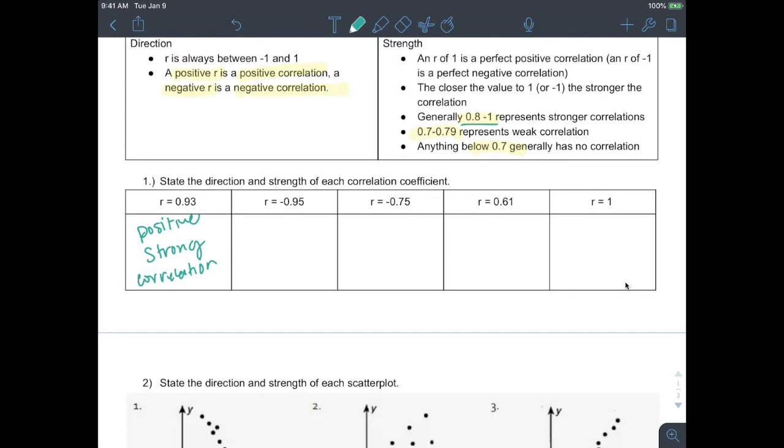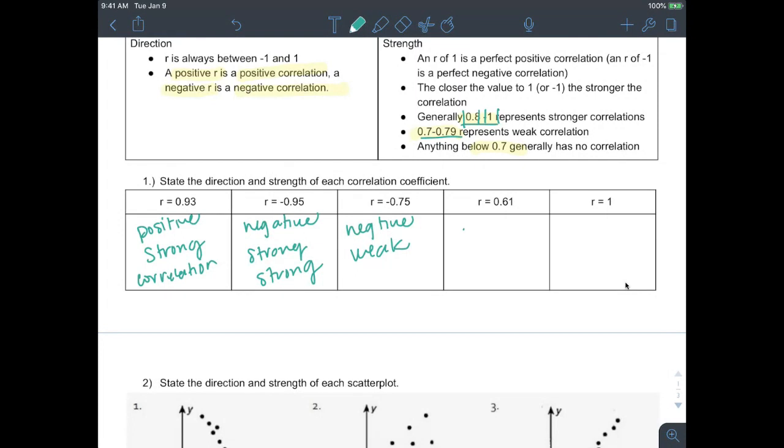This second one, the R value is negative, so it's a negative correlation. And it is a value between the absolute value of 0.8 and the absolute value of 1. So this is also a strong correlation. This one is negative and weak because it's between 0.7 and 0.79.